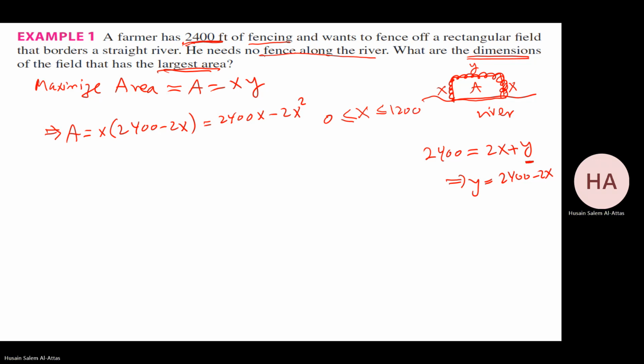If Y equals 0, I have X is 1,200. Now I can say X cannot exceed 1,200, because if it exceeds 1,200, then Y will exceed 2,400, which cannot be. So the largest value for X is 1,200, and the smallest value is 0.